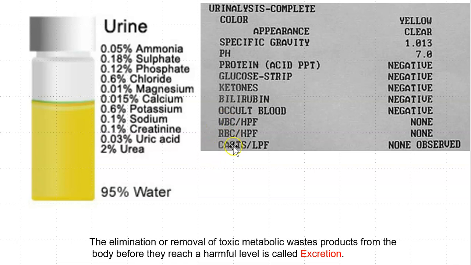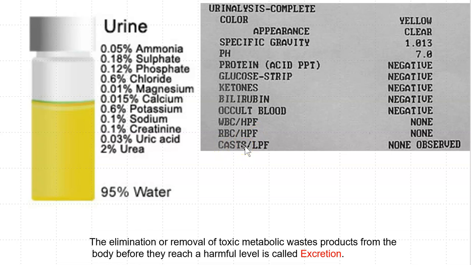And casts are basically tube-shaped particulate matter in the urine that have been processed by the kidney. And some of the components that are tested for in the urine is maybe hyaline. So depending on the types of casts, some like granular casts, we can tell what kind of disease a person might have.